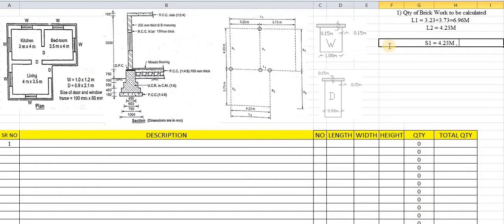What about S2? S2 is taken as the short wall, 3.73 meters. First we will find out the total center to center distance of this figure.